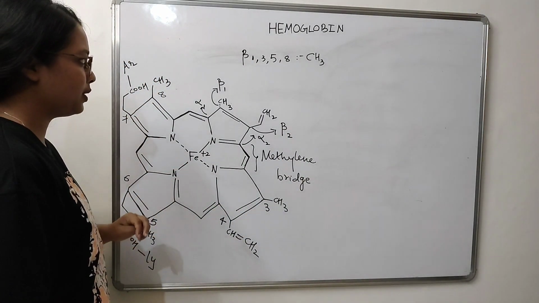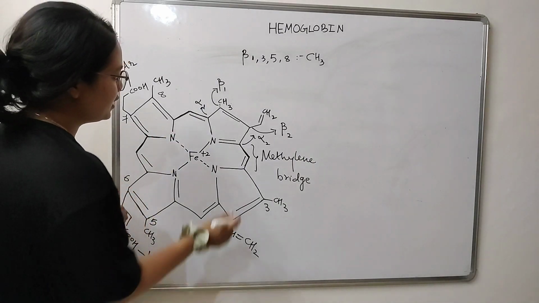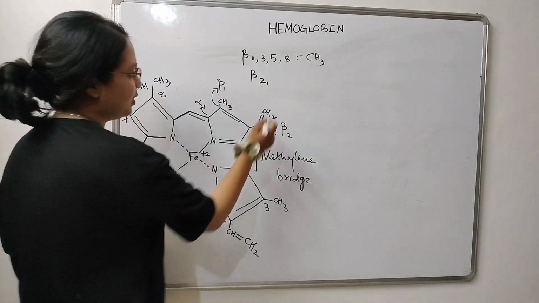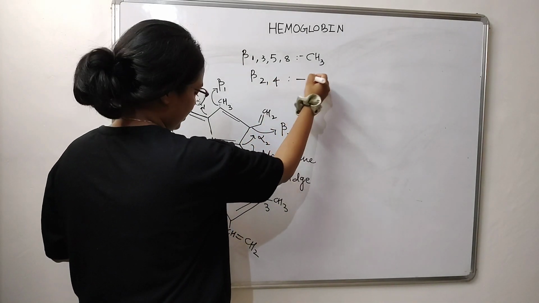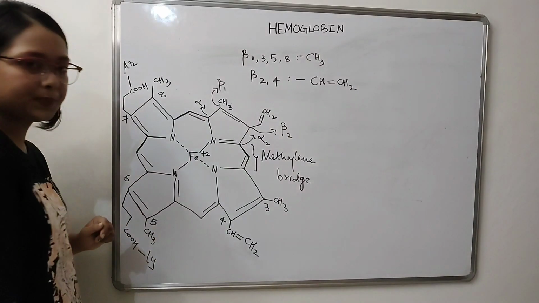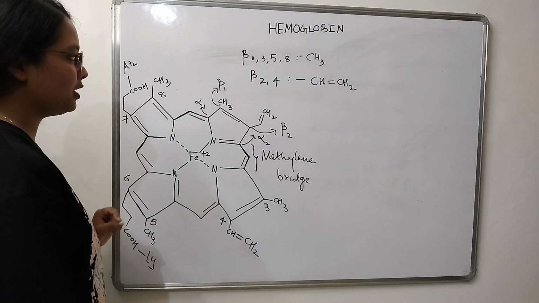Now coming to the next one: here we have beta 2 and here we have beta 4. The group present is the CH double bond CH2 group, present at carbon number 2 and carbon number 4.